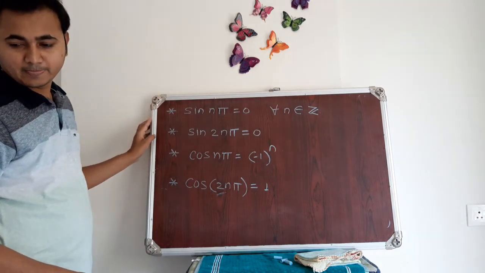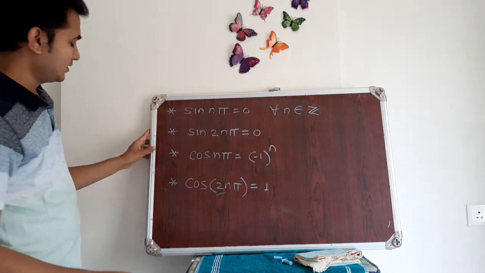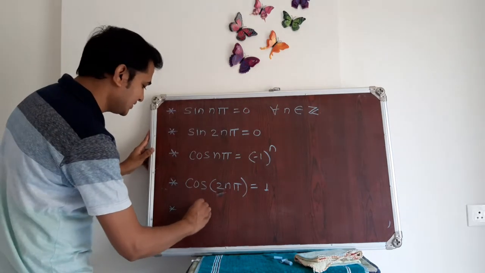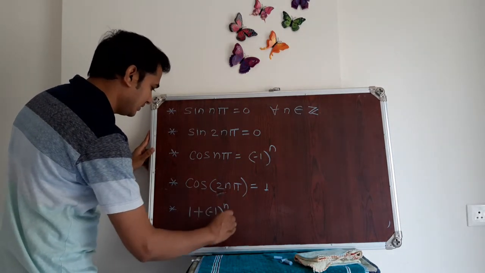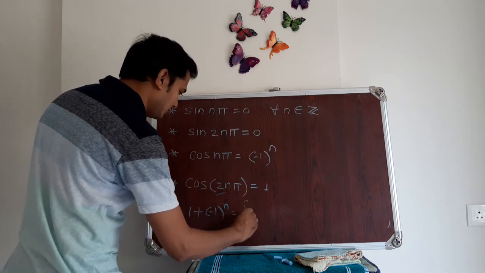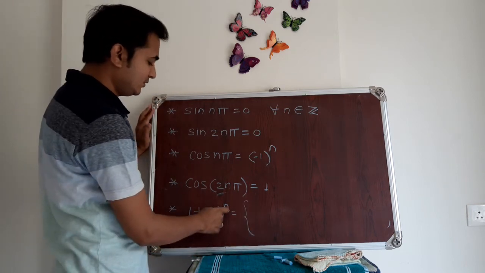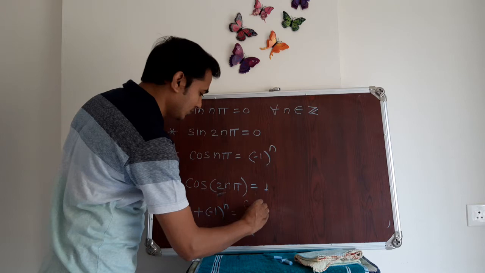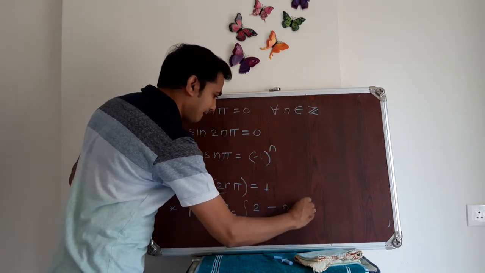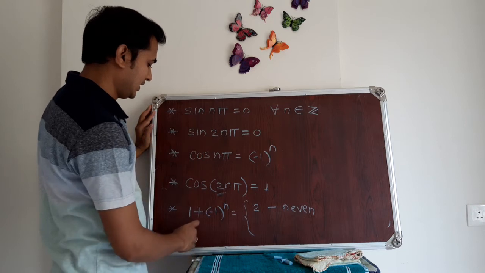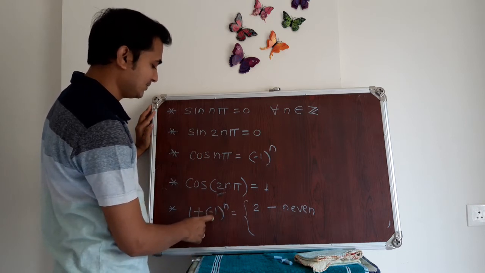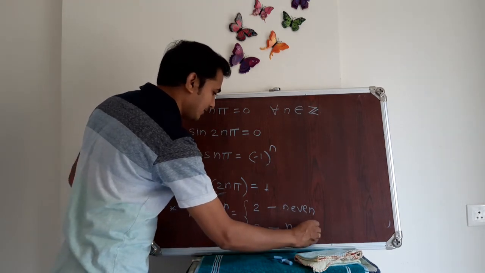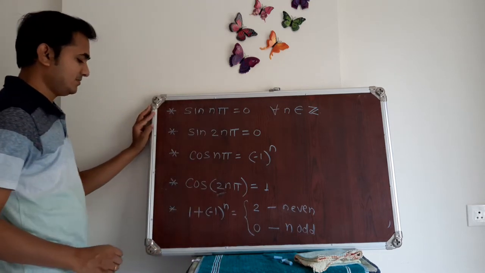And this value 1 plus minus 1 raised to n is, see, if n is even, this becomes minus 1 raised to even power, so that is 2 for n even. And if n is odd, this becomes minus 1, so 1 minus 1 is 0 for n odd. This we need some time.